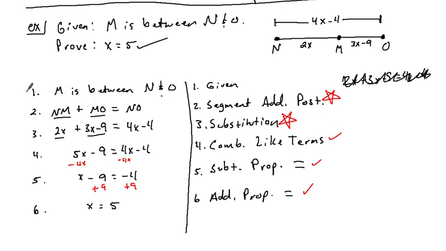It's not logical to say that because M is between N and O, that 2x plus 3x minus 9 equals 4x minus 4. You need to say that NM is 2x and MO is 3x minus 9. So that's what this step in the middle does, this segment addition postulate. So look back over that. We're going to practice a lot of these. You're going to get good at them and you're going to love it.